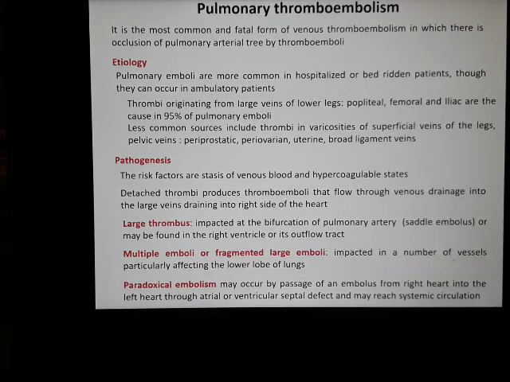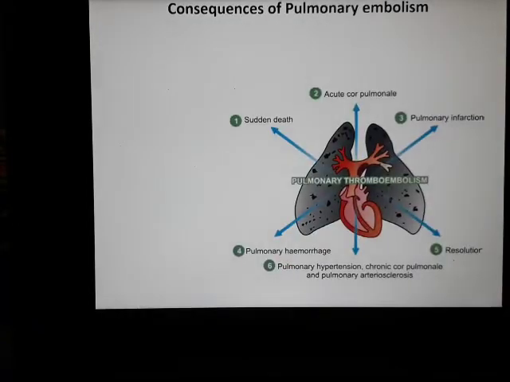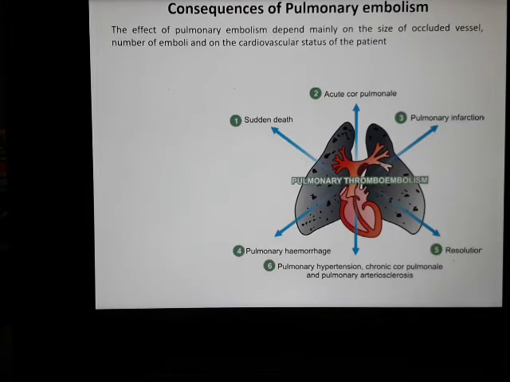Then what are the consequences of pulmonary embolism? Mainly six consequences are there. The consequence depends upon the size of the occluded vessel, the number of emboli, and the cardiovascular status of the patient.